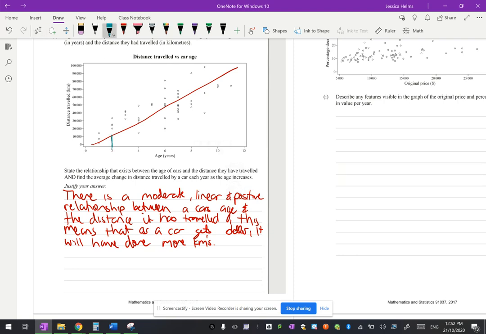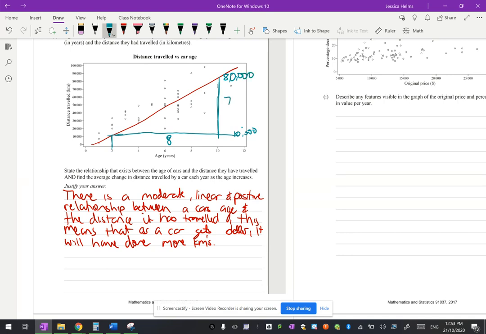So generally, the bigger your gradient triangle is, the better. So we can go up to 10 using this line. Between 2 years and 10 years, that's a change of 8 years. We've gone from about 10,000 kilometers there, and over here it looks like we're sitting at about maybe 80,000 kilometers or so.